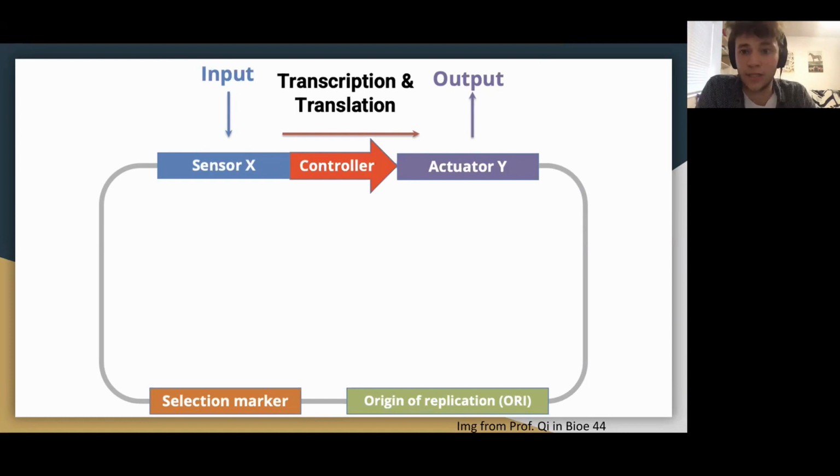Then transcription and translation, so things in between, maybe the amount of RBS or the type of RBS you have, or other steps, or maybe a combination of plasmids, would be your controllers, and these are going to be your logic, is a way to think of it. And then of course, the origin of replication and selection markers are separate. These are more for experimental design. So this is how it fits in a plasmid, pretty basic, but I think it's nice to see, so you can connect it to previous lectures.